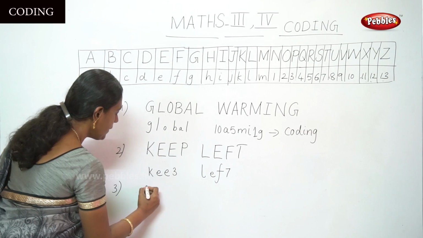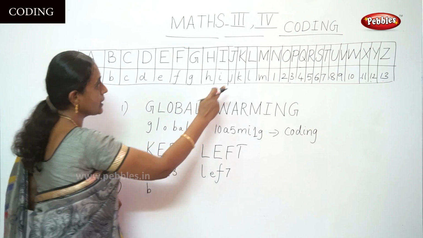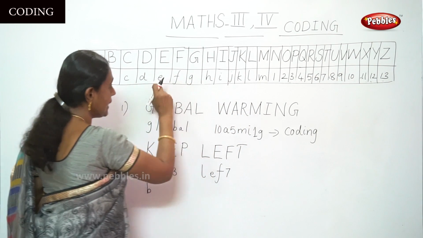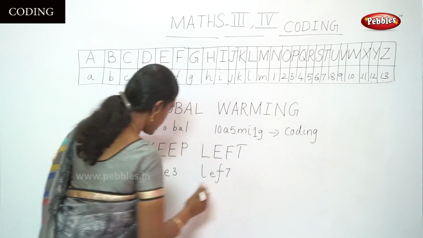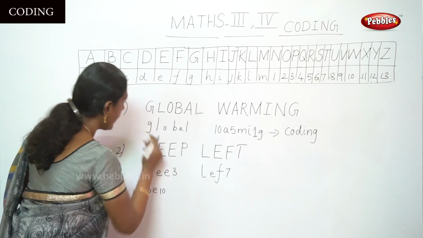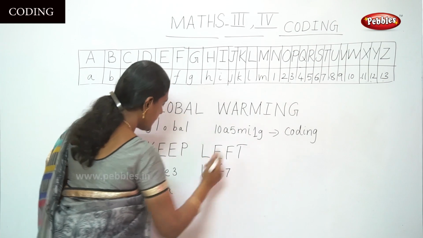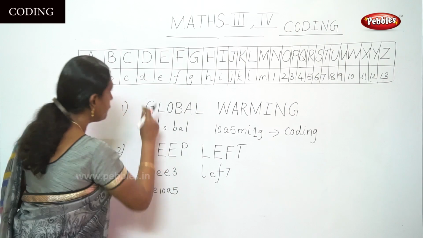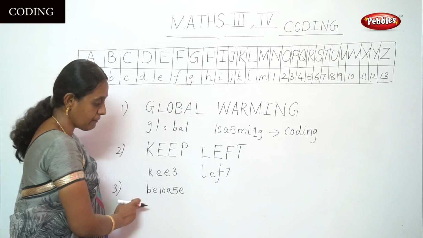Beware of dogs, that is d, capital E, and for W, that is 10. And a, and R, that is 5. And for E. So we derive the word beware.